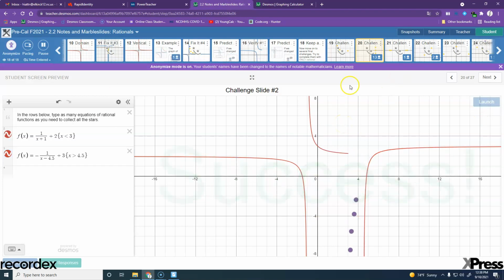There's an easier way to do that, but I did get them all doing that. So you can add more than one rational function, but do only rational functions here.